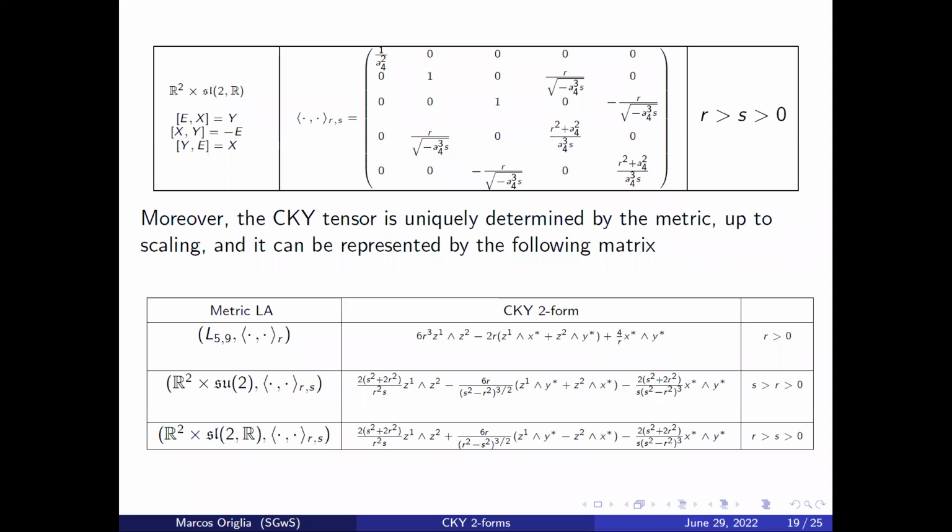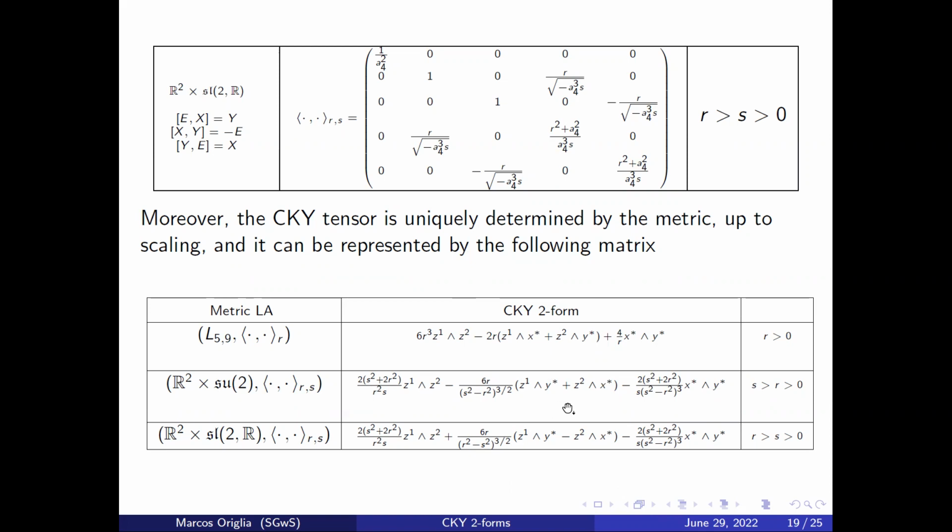Remember that we can always change the length of the special vector and also t. So these are the 3 Lie algebras with the corresponding metrics, and this is the conformal Killing 2-form for each case. Well, the first one is not so bad, but the other 2 are quite involved.